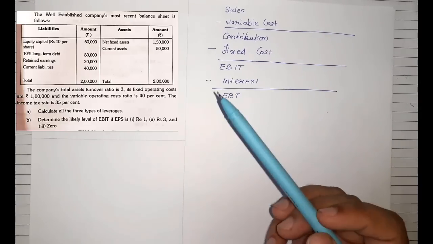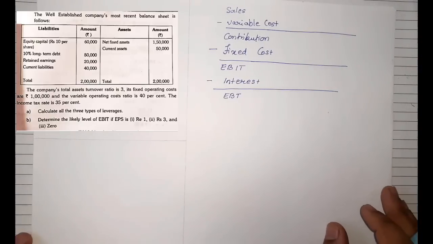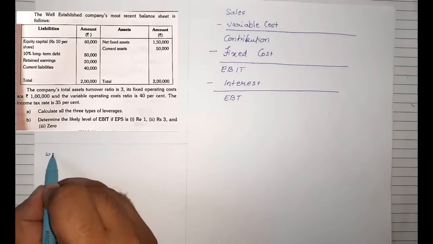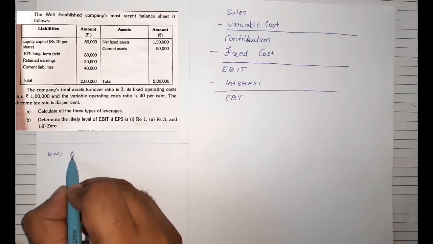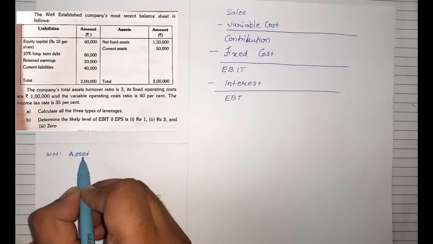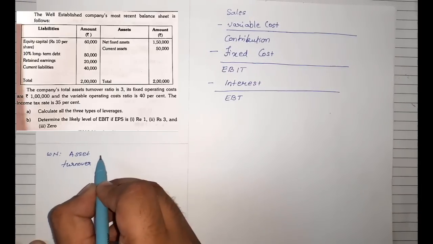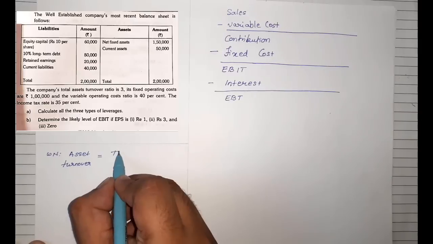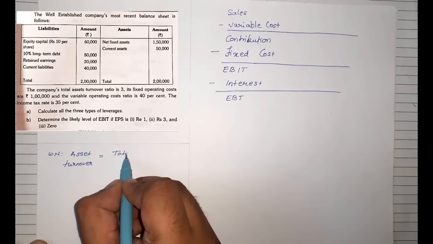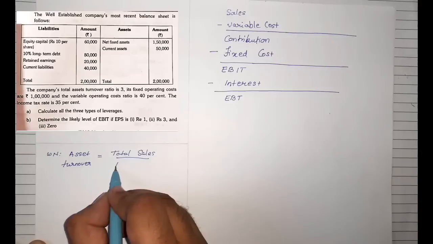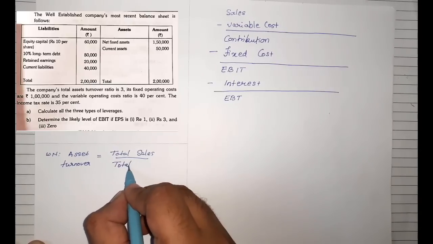Now in the question, if you look, there is nowhere mentioned that sales are given to us. But they are giving you the asset turnover ratio. So now what we'll do here is a working where we know the formula of asset turnover. Asset turnover is equal to total sales upon total asset.